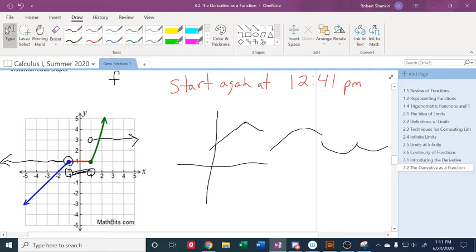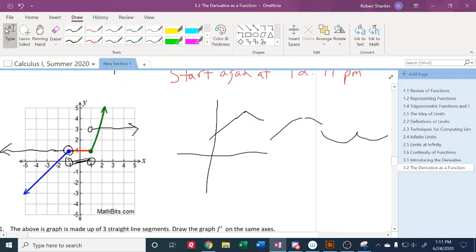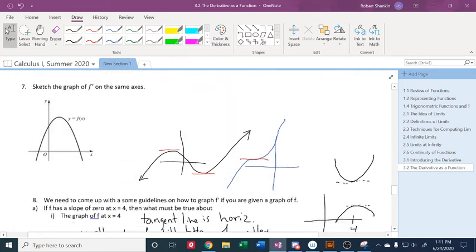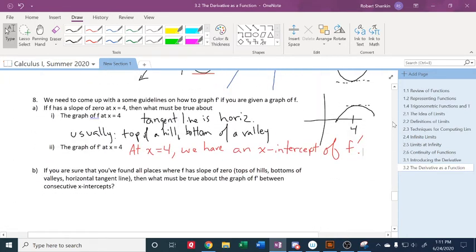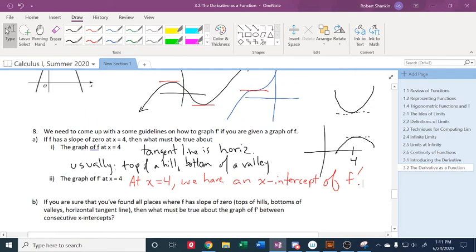Now this has everything between -1 and 1 as an x-intercept for f prime because the whole graph is horizontal in that region. So when we come down to here, if I was drawing f prime, would it just be a dot at 0 in that case? That's right. It would be a dot at 0. That's correct.